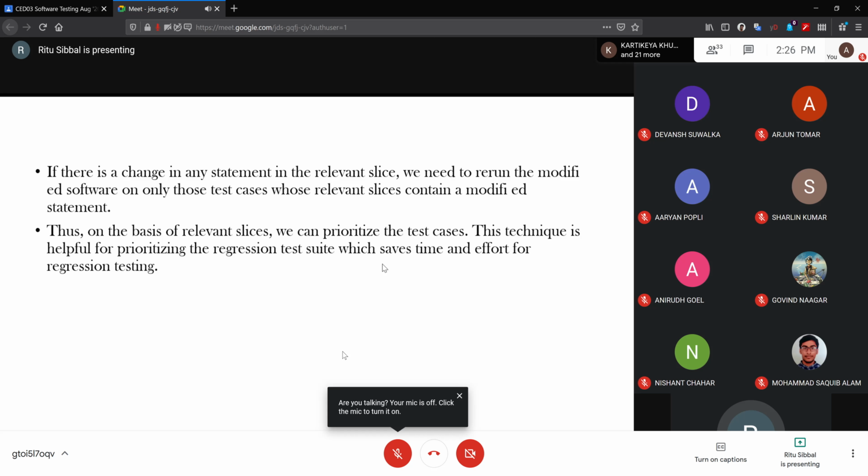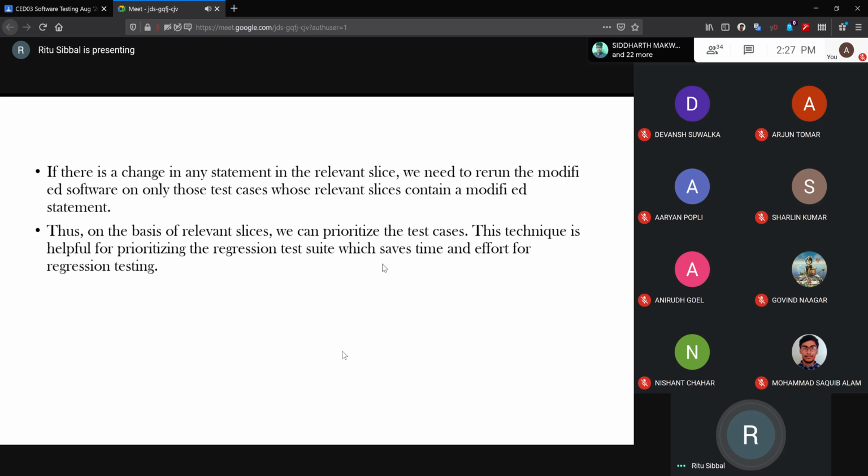We pick up only those test cases which go through these slices. That reduces the regression test suite, because obviously we do not want to rerun all the test cases of the previous program if we have changed to a new version.